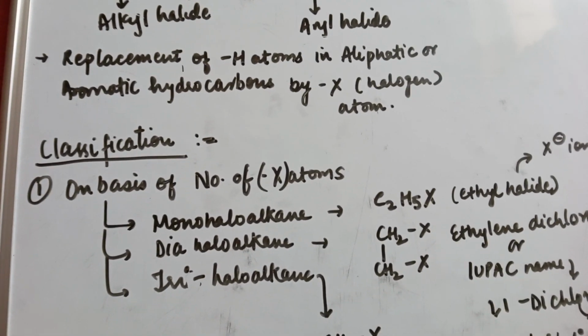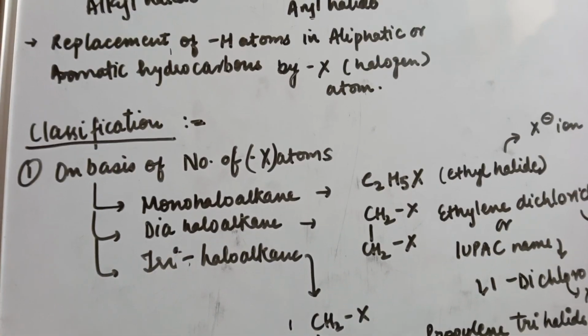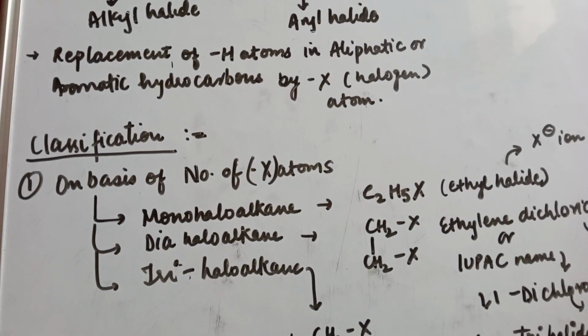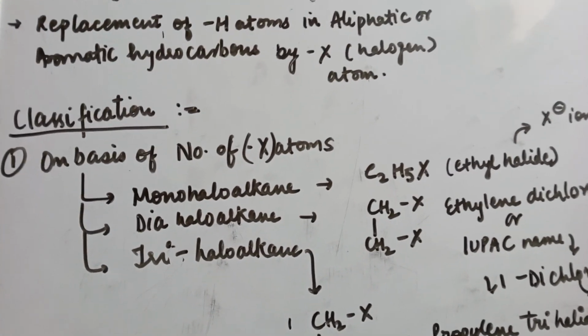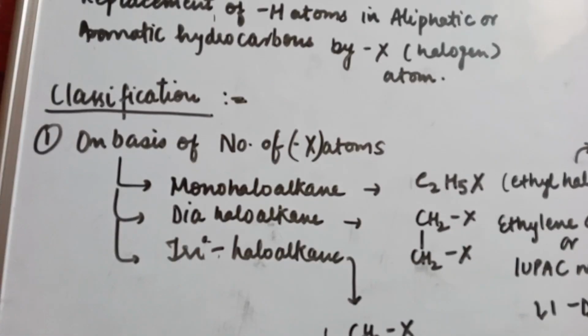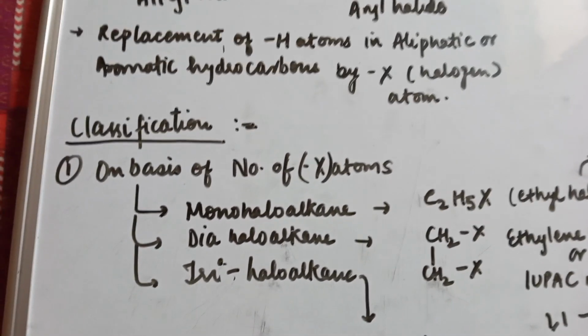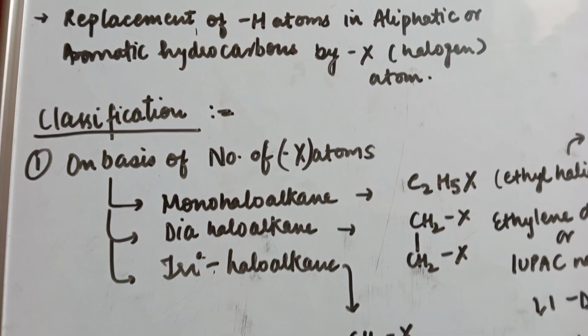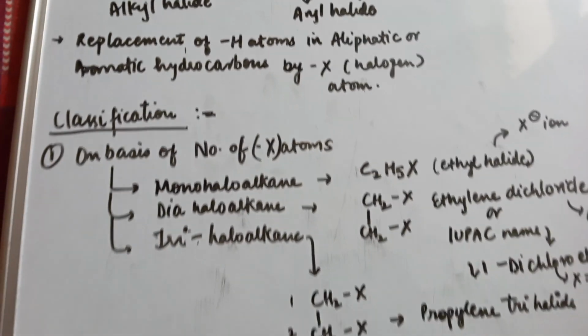Similarly, the replacement of a hydrogen atom in aromatic hydrocarbons, which have aromatic character, that is resonance character, gives haloarenes, by the halogen atom, that is the X atom.